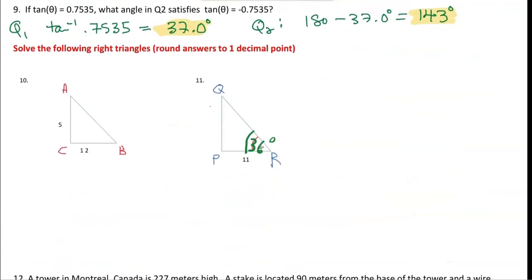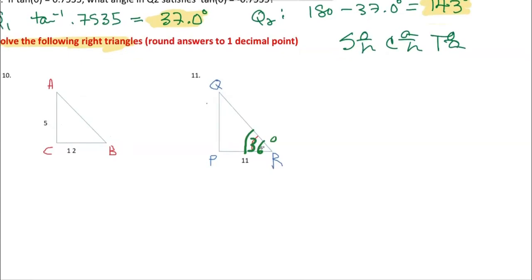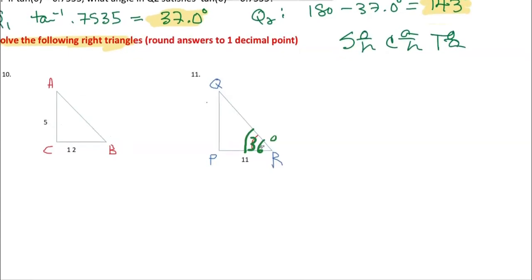Okay, so it says solve the following right triangles. And they're right triangles, so that means that you're going to be using SOHCAHTOA. I have no angles for the first triangle, so I can get the missing side. I can use Pythagorean theorem, which tells me that c squared equals a squared plus b squared.